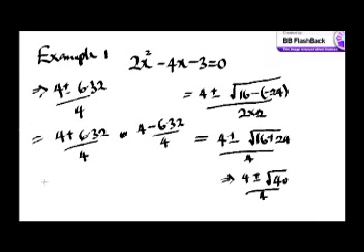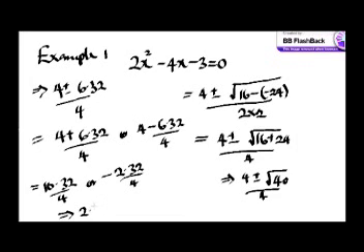Now if I take this one here, it's going to give me 10.32 over 4, or, and here will be minus 2.32 over 4. For this value, I'll get 2.58, or for this value I'll get minus 0.58. So 2.58 or minus 0.58 is our answer.